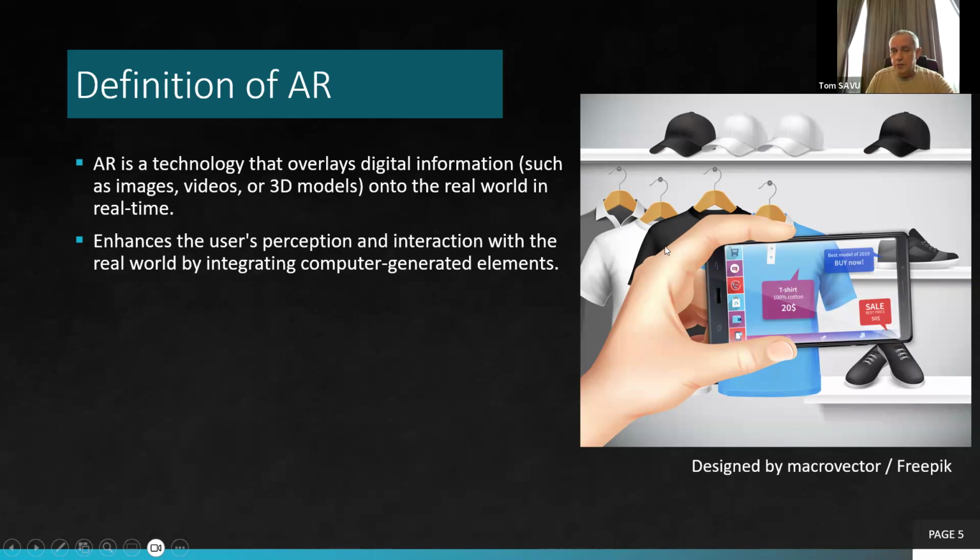So you see, for example, one person is using the phone, looking to this stuff, and is seeing overlaid on the real-time image, labels with the description and price and so on.